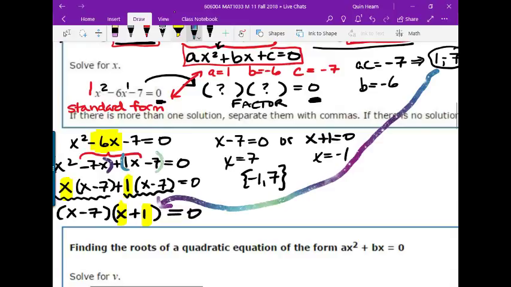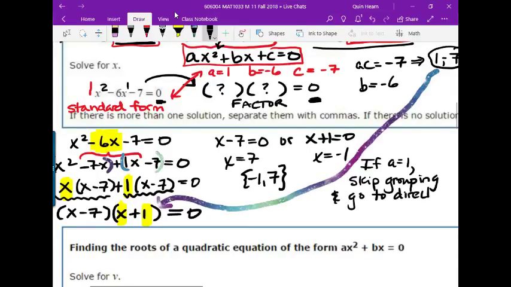There is a shortcut that says that if a equals 1, if the leading coefficient is 1, then you can skip the grouping and go directly to the factored form. This only works when a is 1.